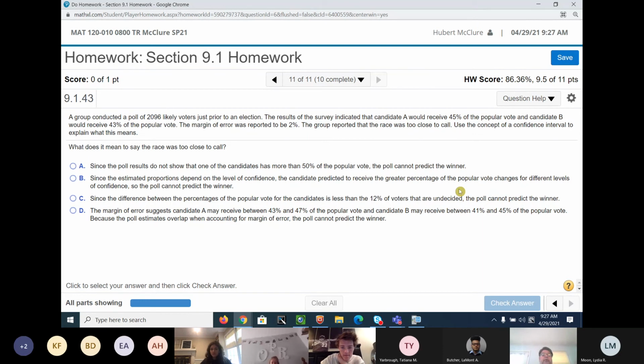They don't give you a confidence level. A group conducted a poll of 2,096 likely voters just prior to an election. The results of the survey, which was 45% popular vote, so P is equal to 0.45.